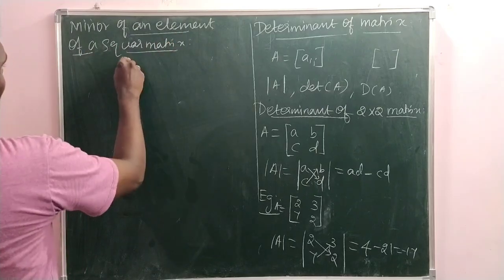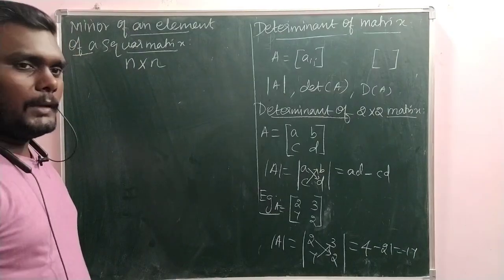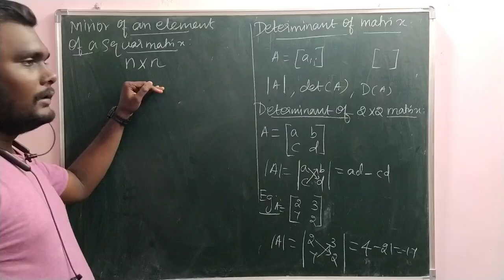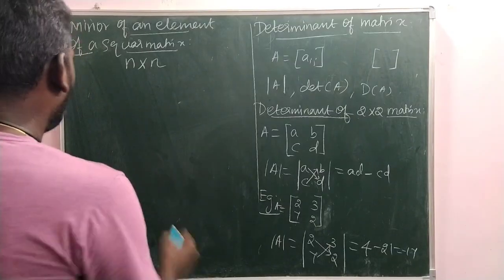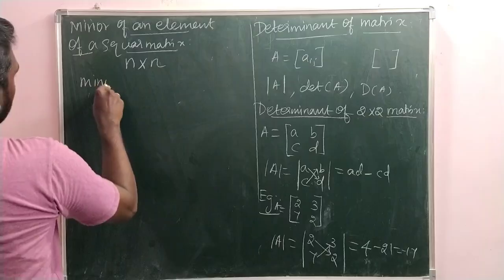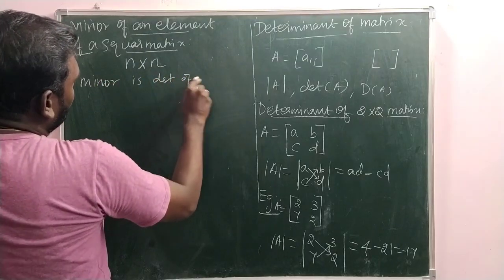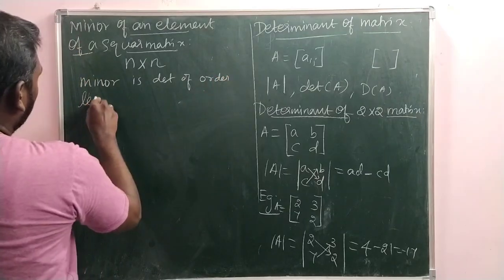Let us say the matrix is of order n by n, that is a square matrix, right? Its minor can be of order 1 less than this or 2 less than this, like any other minor you can take. So a minor is a determinant of order less than n.